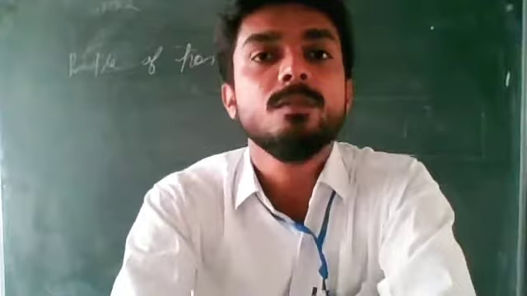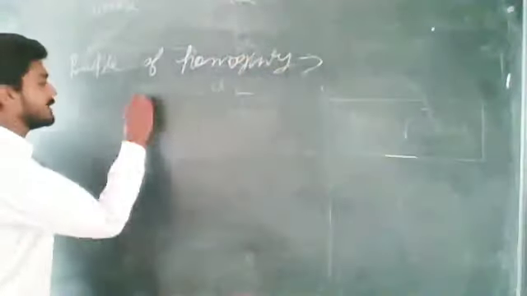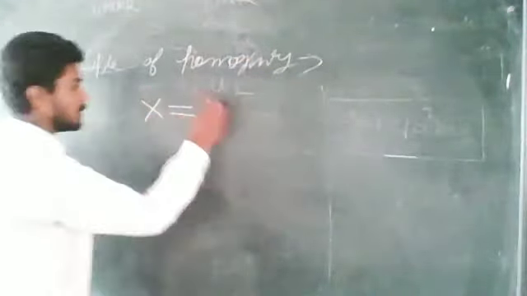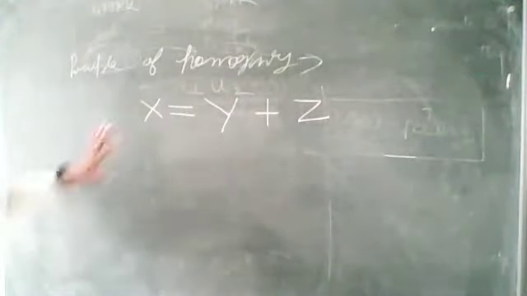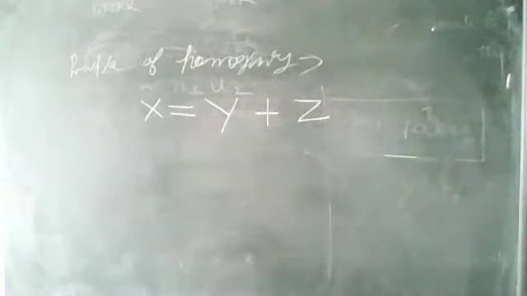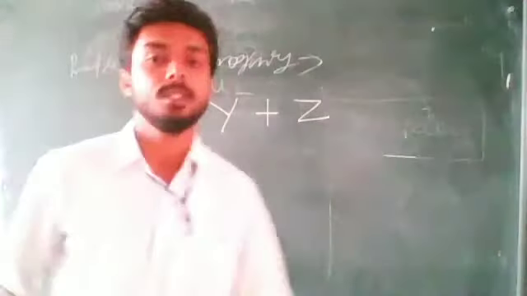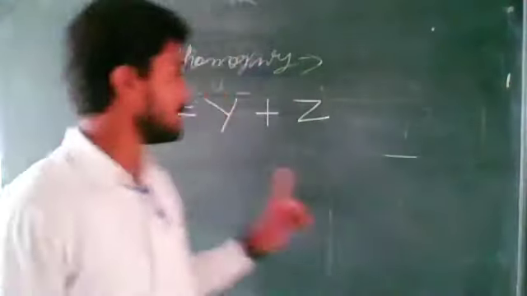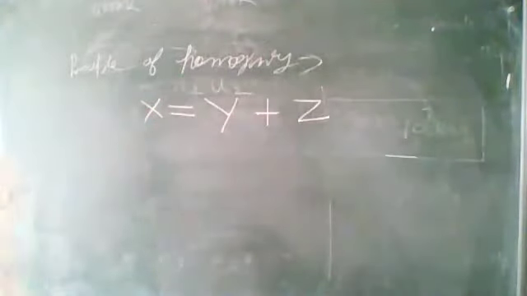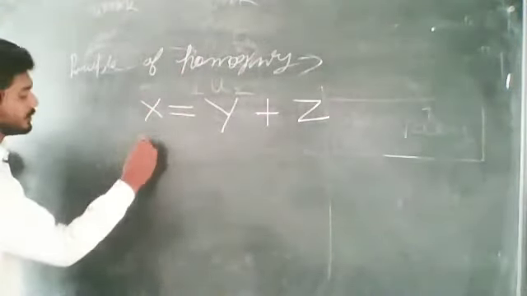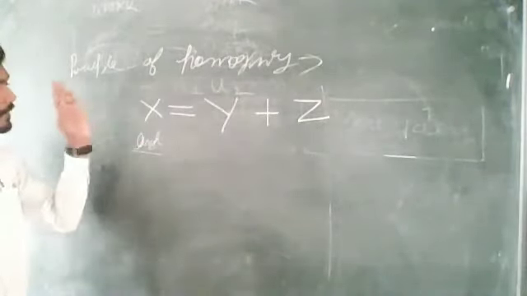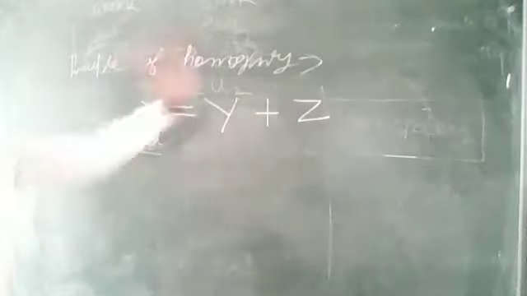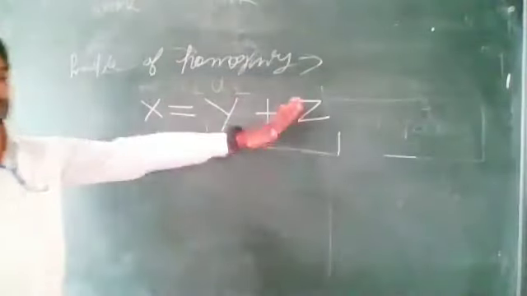Then principle of homogeneity says, suppose there is an equation x is equal to y plus z. This is an important concept. If x is length, then if left hand side is length, then right hand side should also be a length.